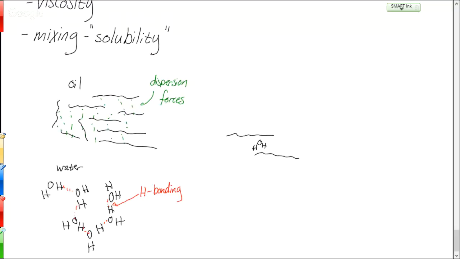So we can say here, when we talk about mixing, only similar types of forces can mix. And we'll talk about solutions a bit later, and electrolytes and things like that, and how that works in water.